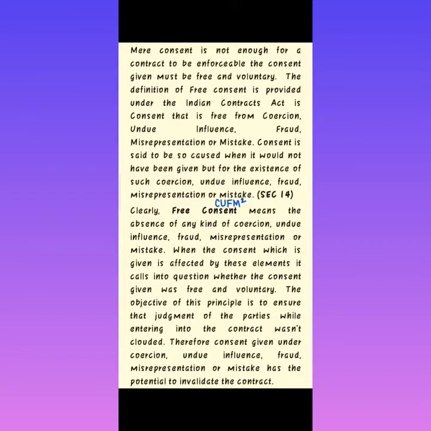So here what we see is that ultimately they both agreed, right? Whatever we understood in the concept of consent under Section 13, that ultimately it's about agreeing on the same thing in the same sense. So here the child and the balloon seller both ultimately agreed to the green balloon. But can we say that the child here agreed freely or voluntarily, wholeheartedly to this green balloon?